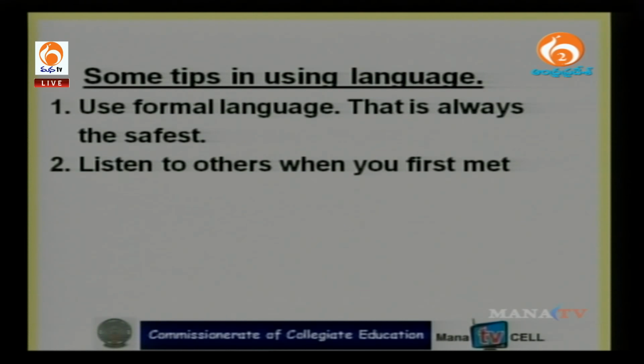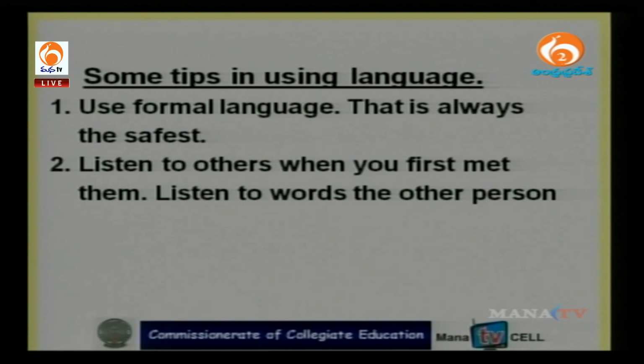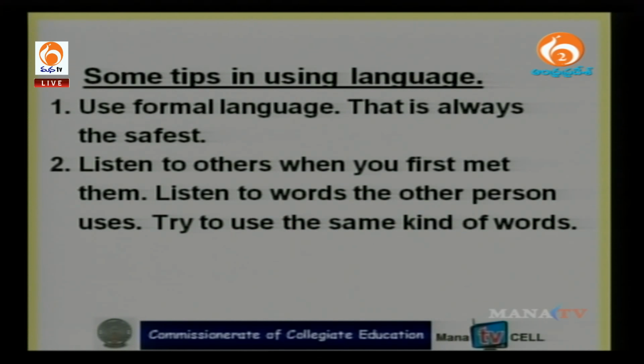You have to listen to others when you first meet them, how they are speaking, what kind of language they are using, whether formal or informal. Then only you can respond in the same way, so that the others can also receive you well. Try to use the same kind of words with others, so that the conversation will be easy.